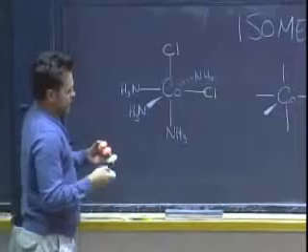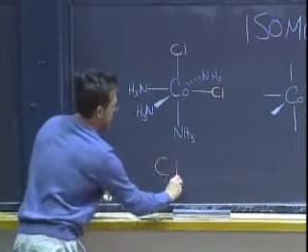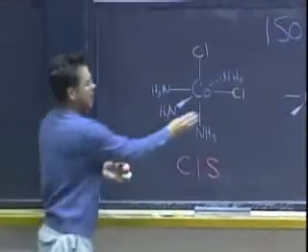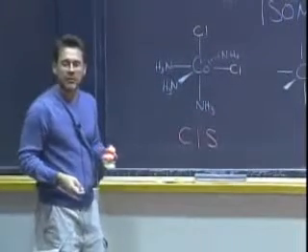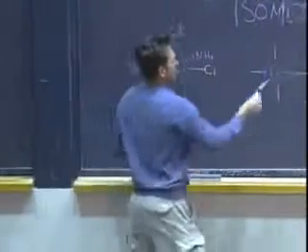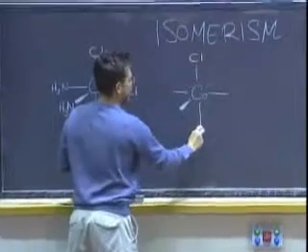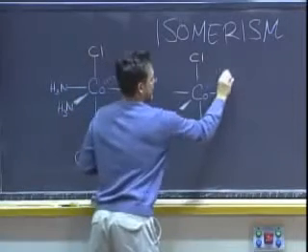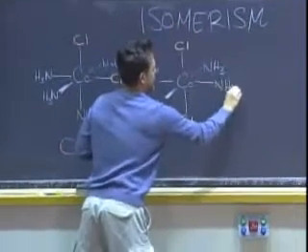Okay. This is an isomer that we call cis. Cis denotes a proximal arrangement of the two chlorides with a 90-degree bond angle between them. And then the alternative here would be to put the other chloride 180 degrees away from the first one, and that gives us what we call the trans isomer.